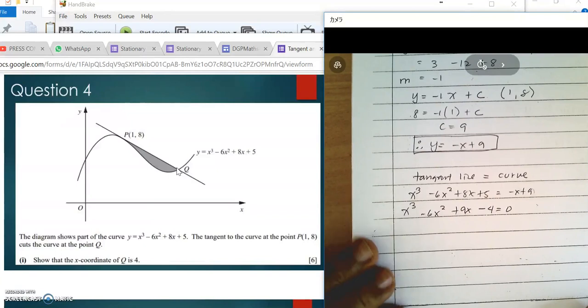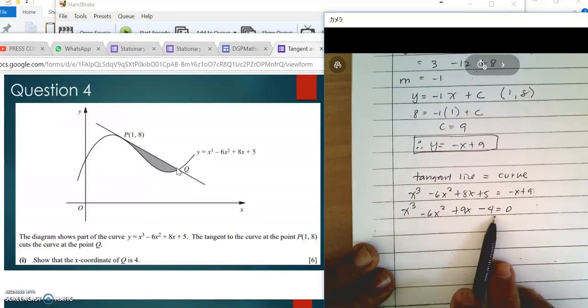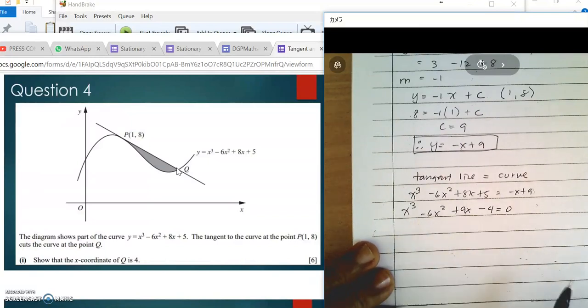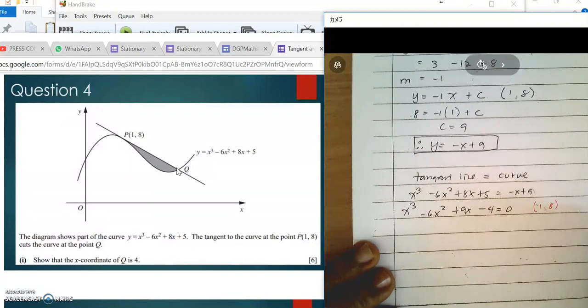So we're going to find the roots of this function. However, please take note that one of the roots of that function is the point (1, 8), because it intersects at the point P.